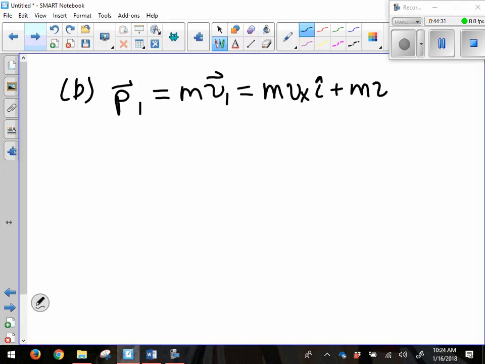Well, I've got to multiply by m again times the Vy j. And I can write a similar expression for the momentum after the collision with the wall. It's going to be m v2. And how am I going to write that in terms of unit vector notation?